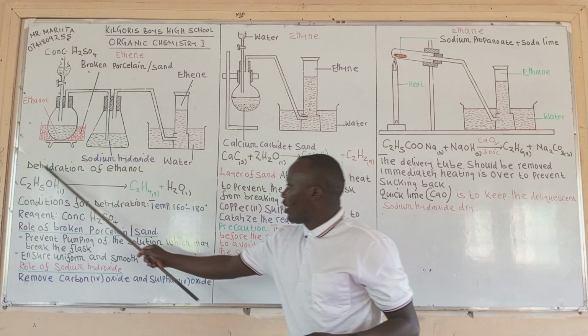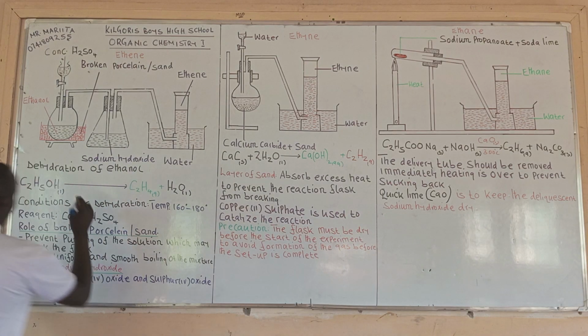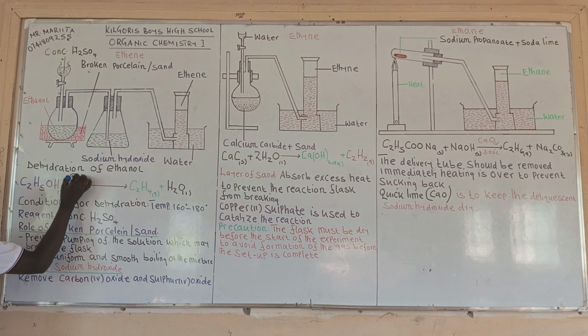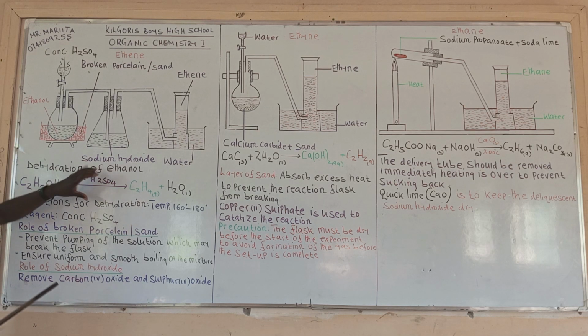Now, from this diagram, in the first diagram, we have ethanol and the concentrated sulfuric acid. So you will have ethanol here, then in the presence of concentrated sulfuric acid, which will remove the water molecules.